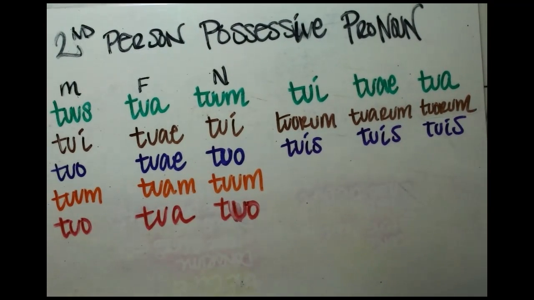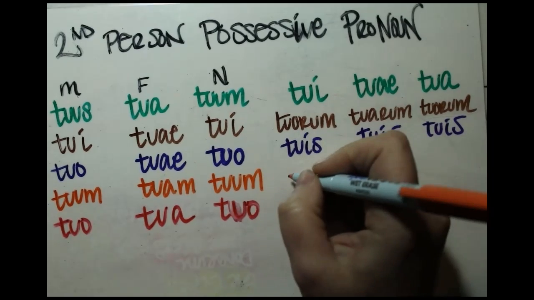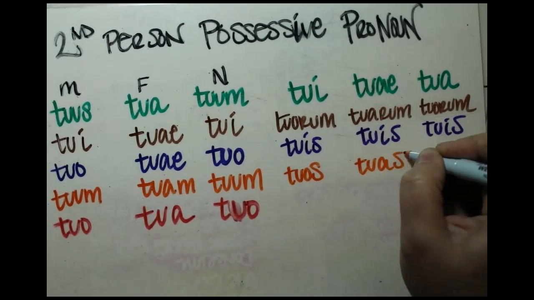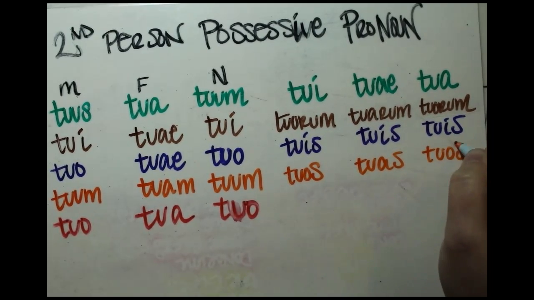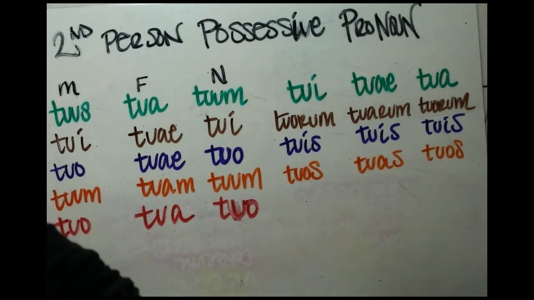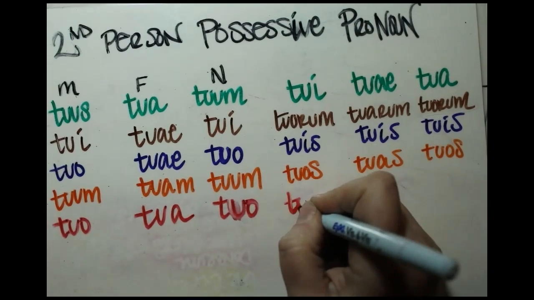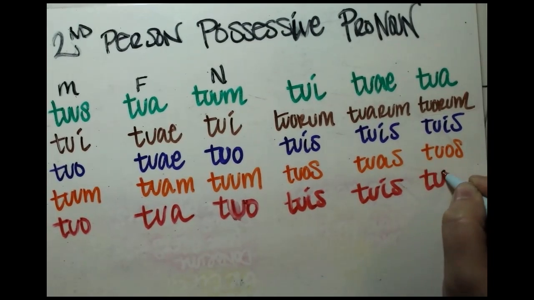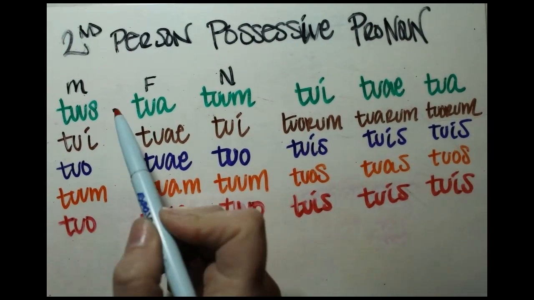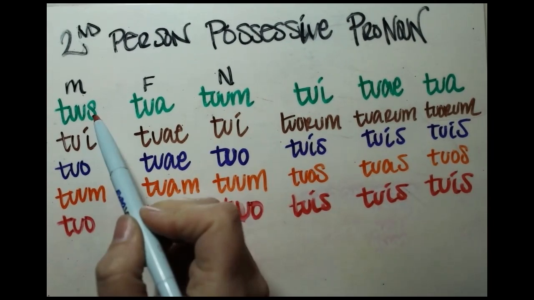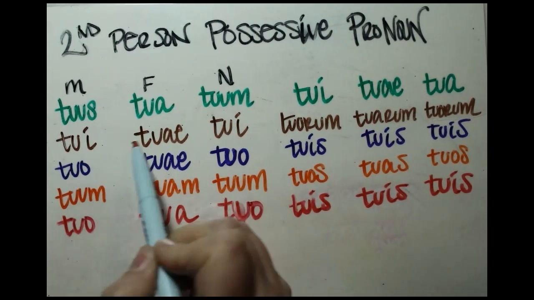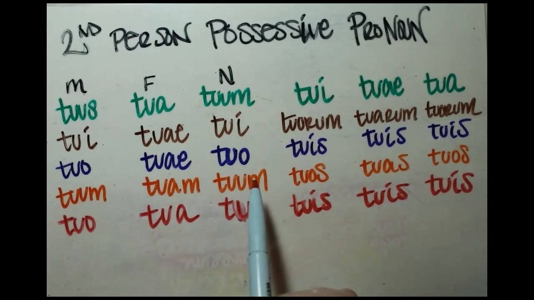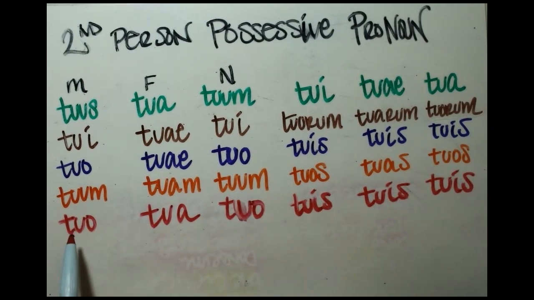In the accusative, we have tuos, tuas, tua. In the ablative, we again have tuis, tuis, tuis. Okay, so yours, of yours, to, for yours, yours as the direct object, by, with, yours.